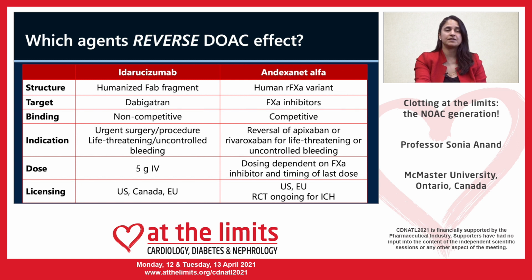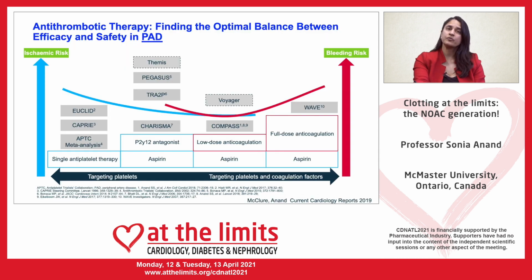Andexanet alfa is being tested for use of factor 10A associated bleeding, also being shown to be efficacious, and approvals are currently there in the United States and Europe, and some randomized trials are still ongoing. We can use prothrombin complex concentrate if these agents are not used, but the efficacy of prothrombin complex concentrate is not as well demonstrated.